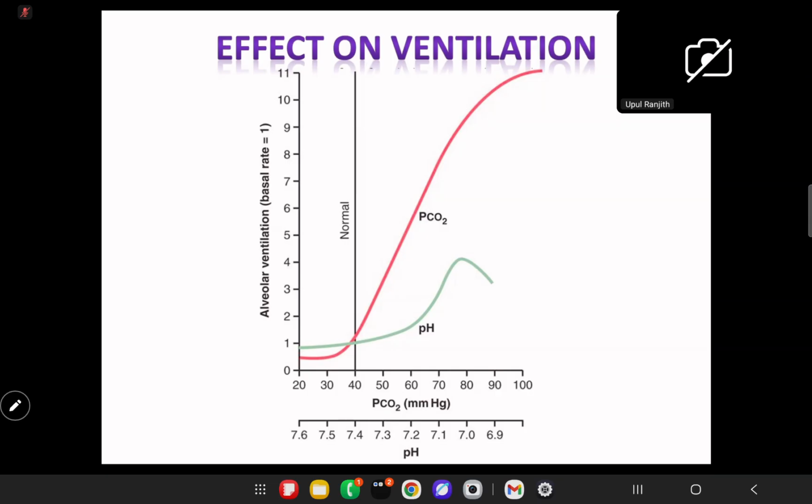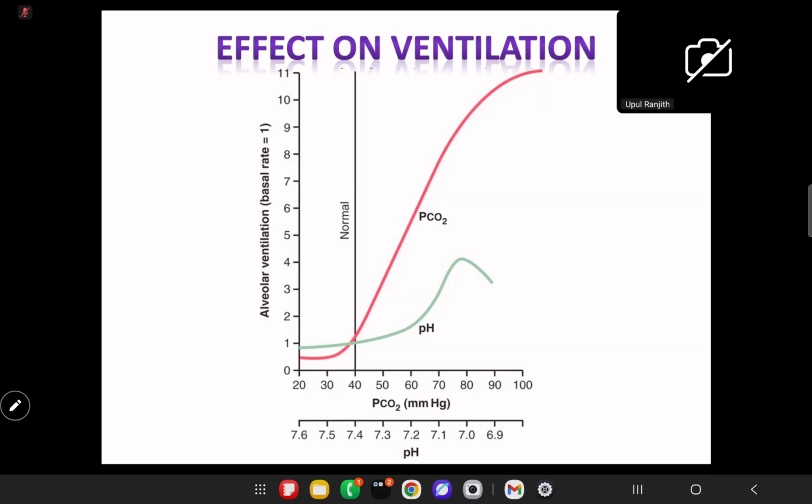That is due to direct depression of the respiratory center due to acidosis. When the pH goes below 7, respiration gets depressed due to central depression by acid.